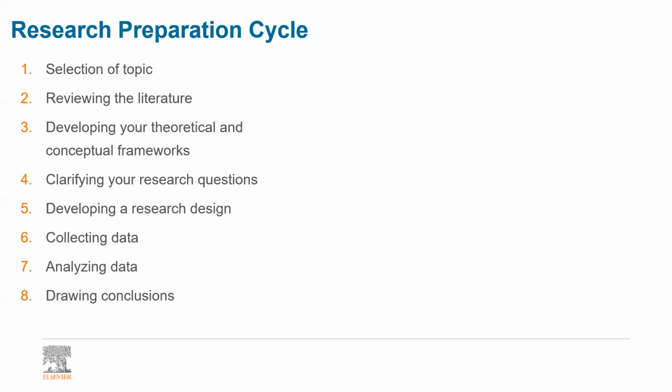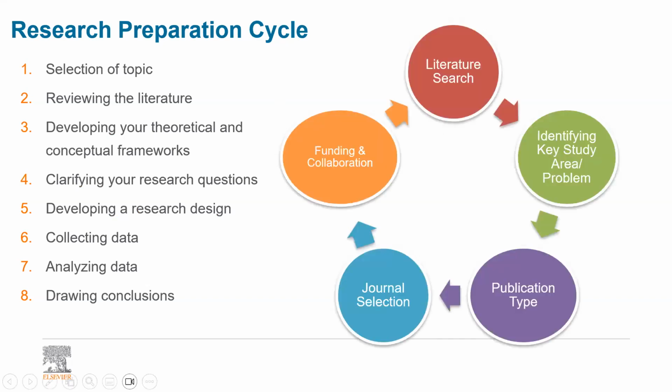So first of all, the research preparation cycle, as we can see, depends on specific steps. This is a research preparation cycle, and you're preparing your research. First of all, you need to have your literature search. Based on the literature search and after selecting the topic, you need to review the literature. You need to know exactly what studies have previously been published for this specific field or topic.